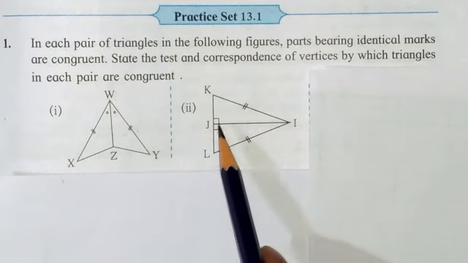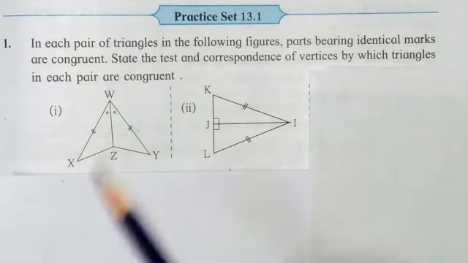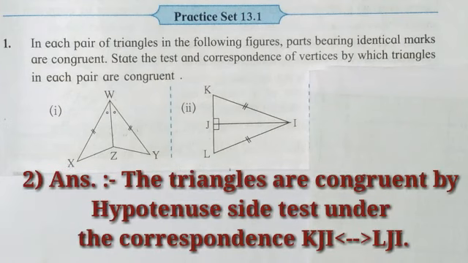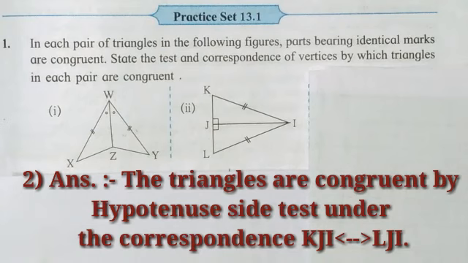It means if there is a right angle triangle, then definitely the hypotenuse test will be applied here. Therefore, the triangles are congruent by hypotenuse side test under the correspondence KJI corresponds with LJI. This way you have to write the answer after the diagram.